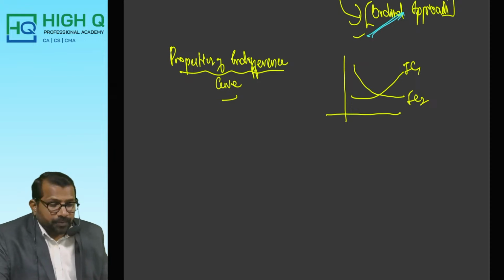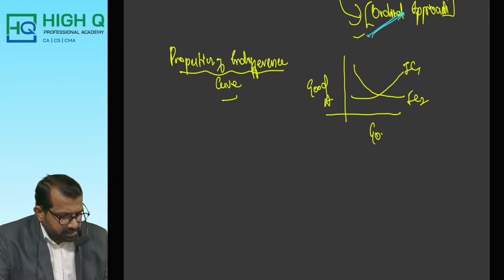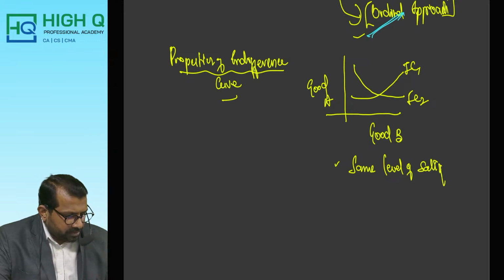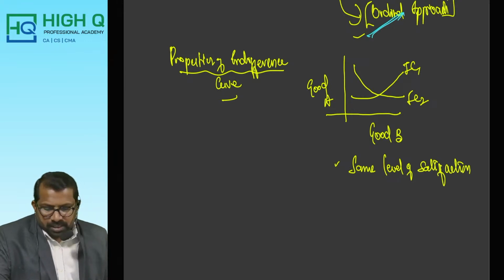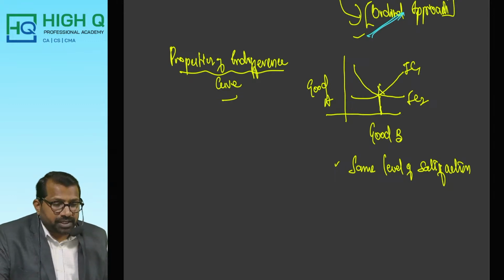There are two goods, good A and good B. Point number one, they both should have the same level of satisfaction.